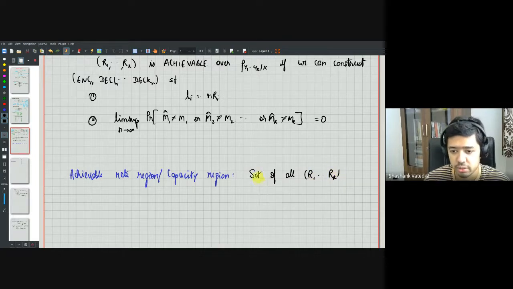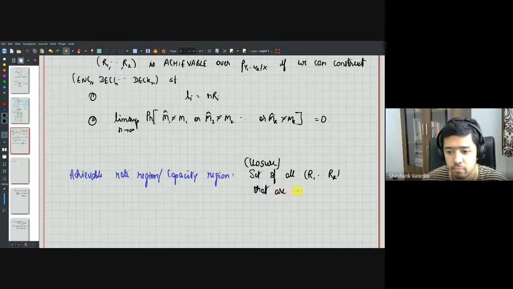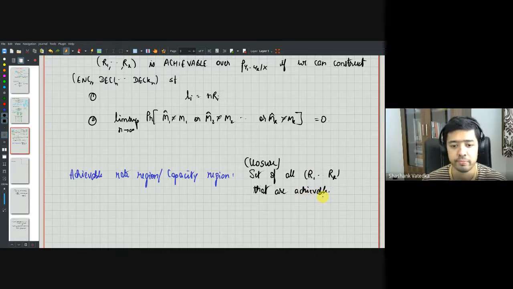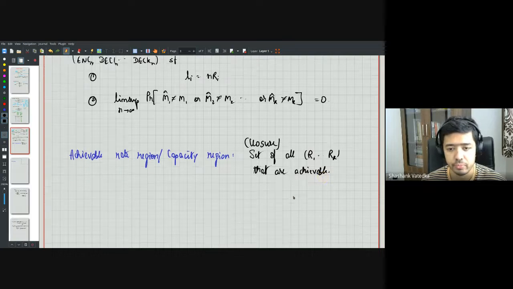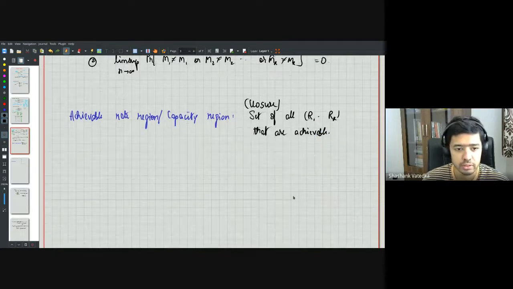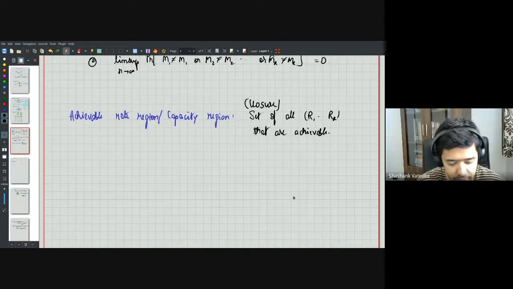In fact, it's not just the set, it is the closure of all R1 through Rk that are achievable. So this is the quantity of interest.